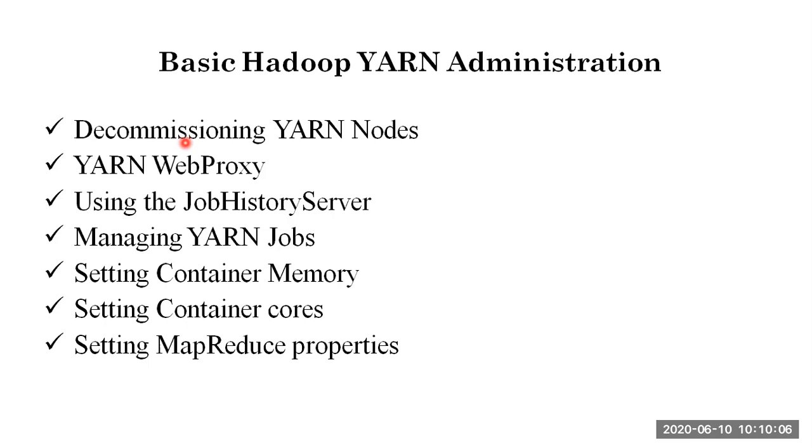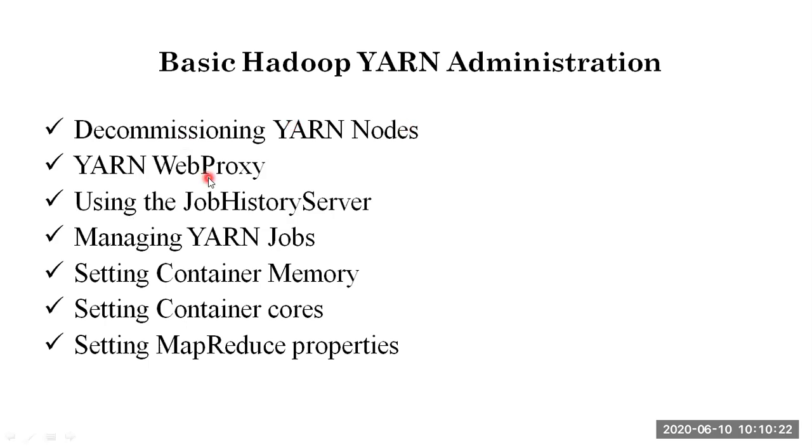Or when the work is not balanced, when the number of jobs and tasks in the system configuration is not balanced, you can remove a node and make it balanced. Those things we will be discussing in decommissioning Yarn nodes.